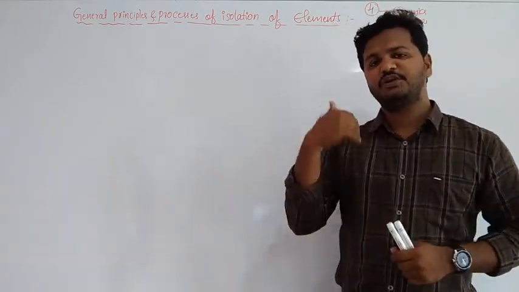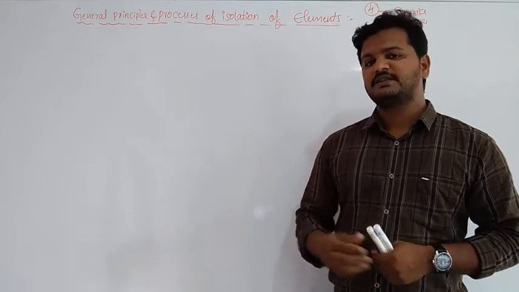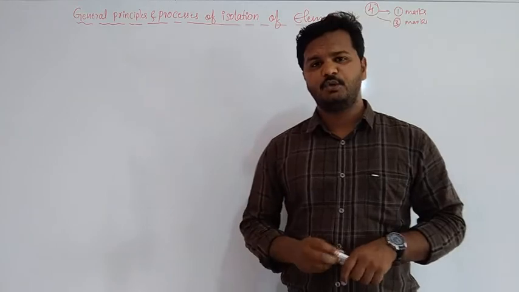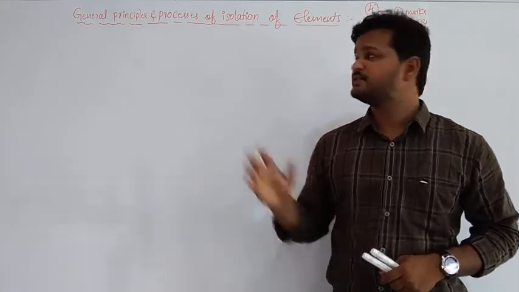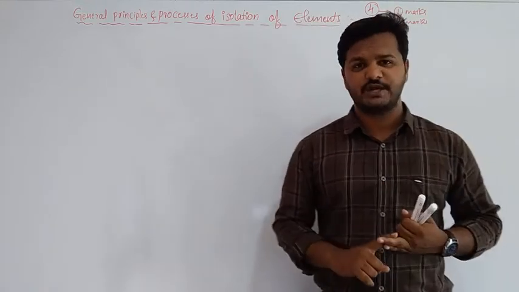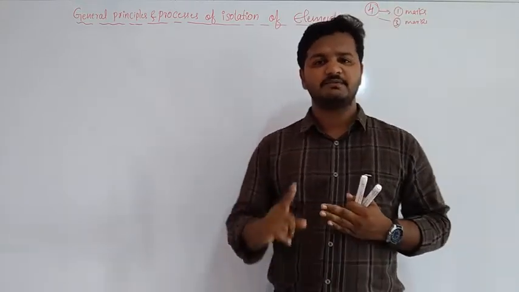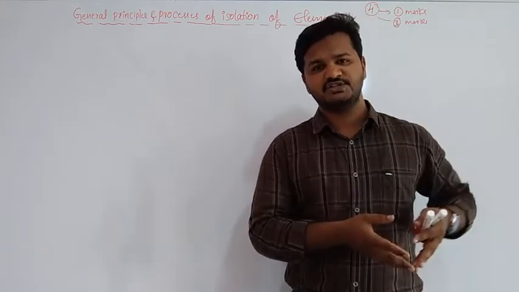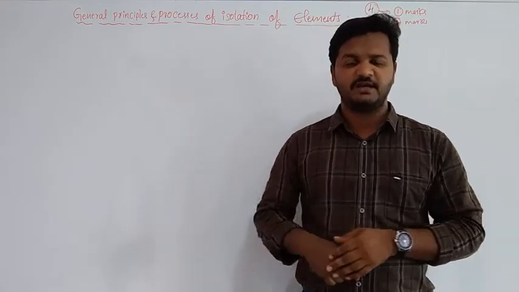Before starting the preparation of aluminium, iron, copper and zinc, we have to know some explanatory terms in this chapter. They are: what is meant by mineral, what is meant by ores, what is meant by gangue, what is meant by flux, what is meant by slag, what is meant by metallurgy, and what processes are there in metallurgy.